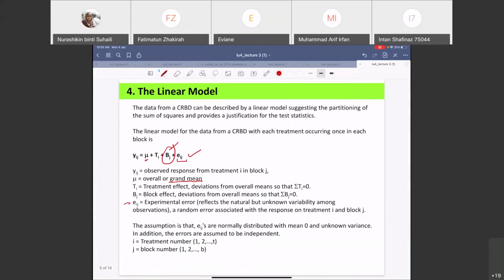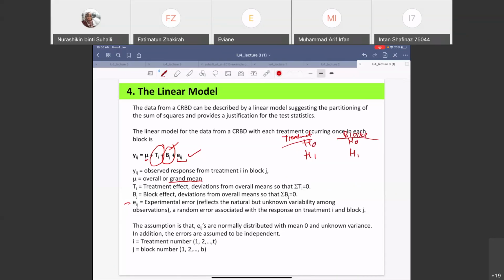Okay, let me explain here. Because of these two effects, there are two sets of hypotheses, not two hypotheses, two sets of hypotheses. This one is for the treatment, and this one is for the block, because we are analyzing both.